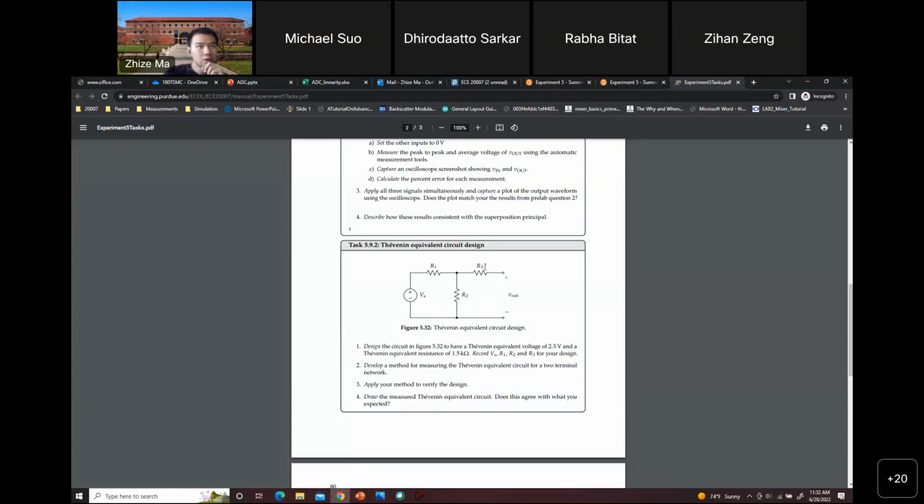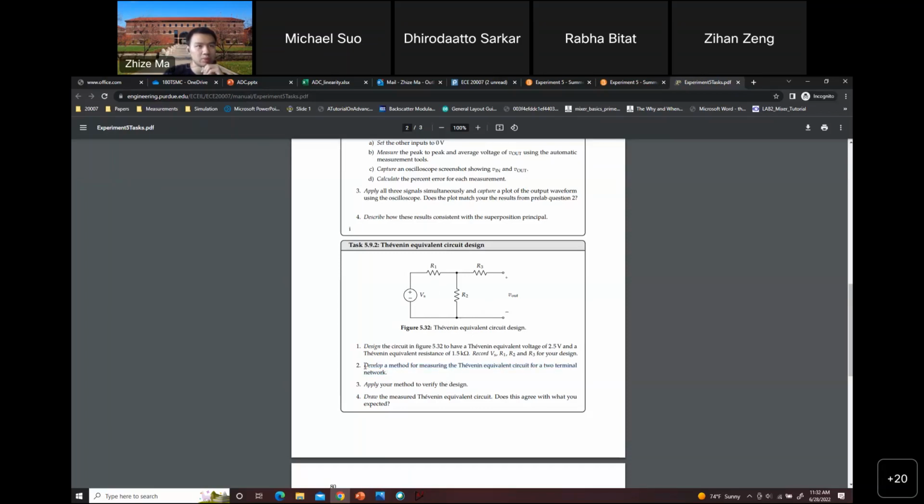Right, so that's how you do the calculation. After you do the calculation, you will probably build this circuit on the breadboard and verify the circuit works as you want. Okay, so that's step number 2.